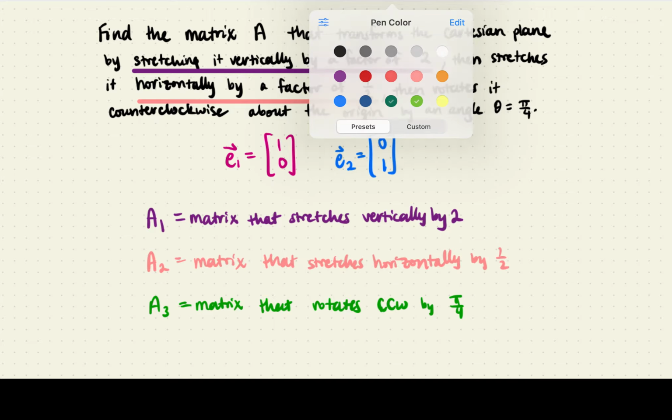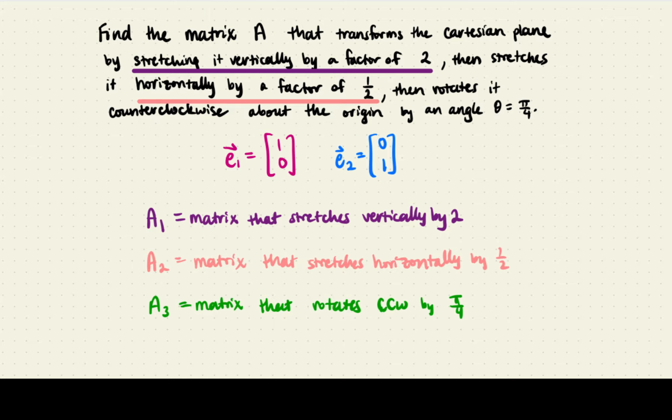And lastly, A3 will be the matrix that rotates the Cartesian plane counterclockwise by an angle of pi/4. So I'm going to find these 3 matrices that do the 3 different transformations that I am looking for. And A, the matrix that we ultimately want to find, is going to be the product of these matrices. We have to be careful about the order in which we take this product.